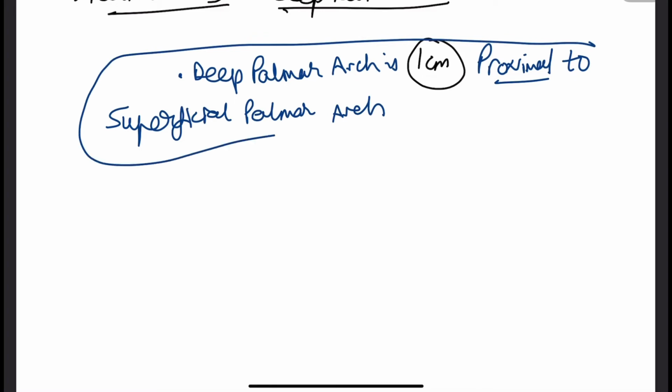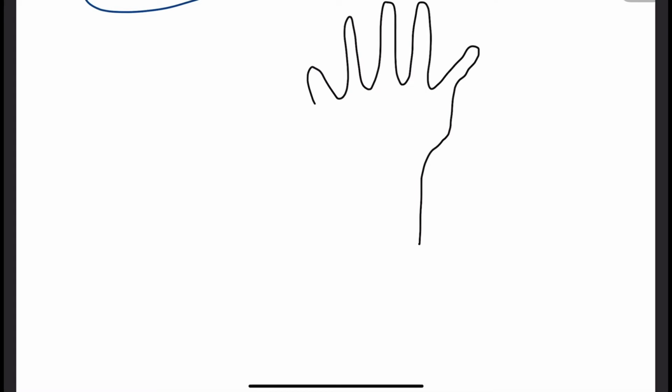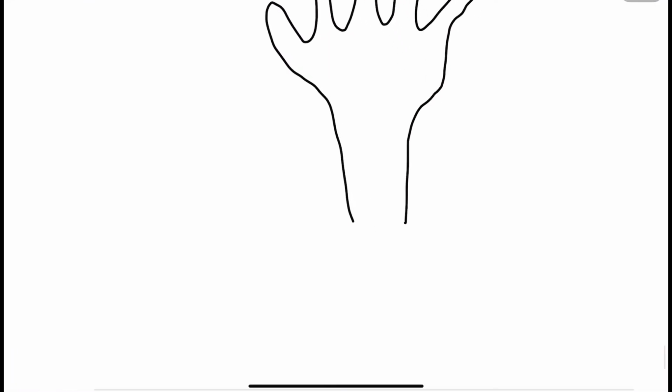I'll be discussing these arches after I'm done with this. So let's suppose this is our hand. Sorry, my drawing is not that good. Okay, so this is your superficial arch.